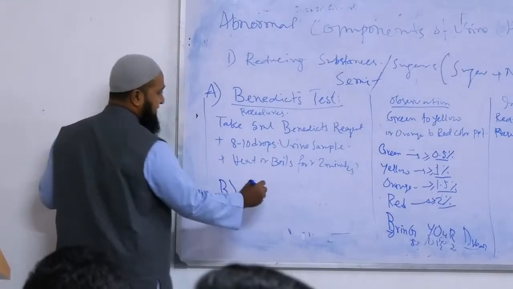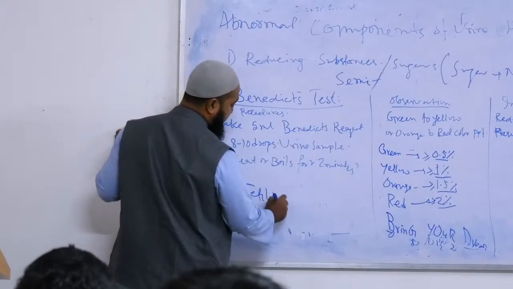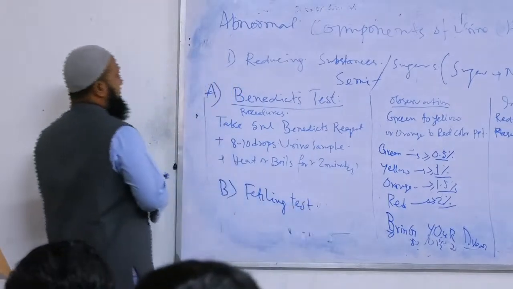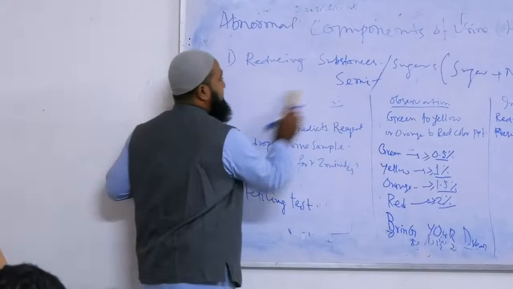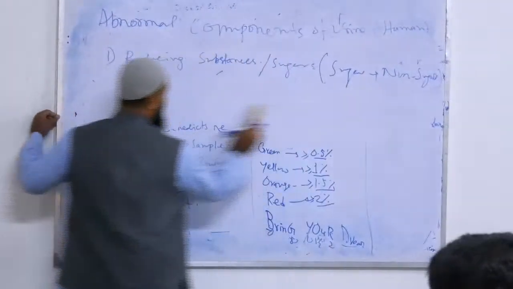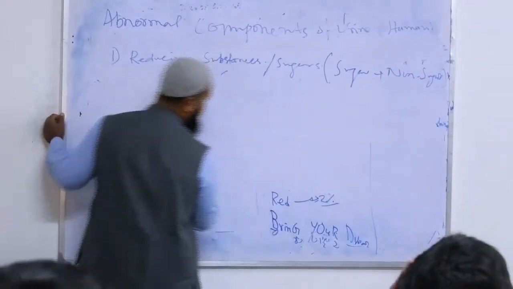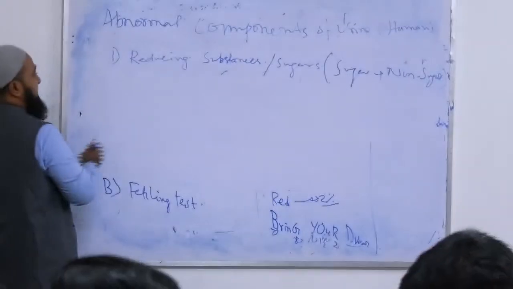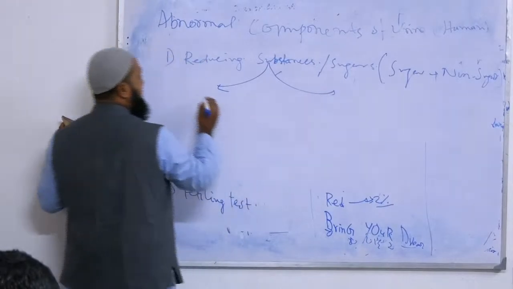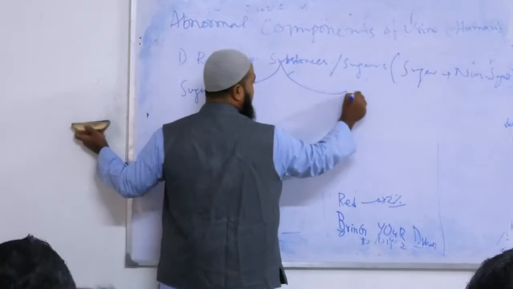We perform the reducing test only for known Fehling test. Reducing substances are sugar and non-sugar.